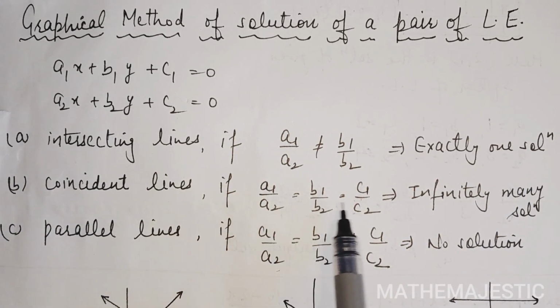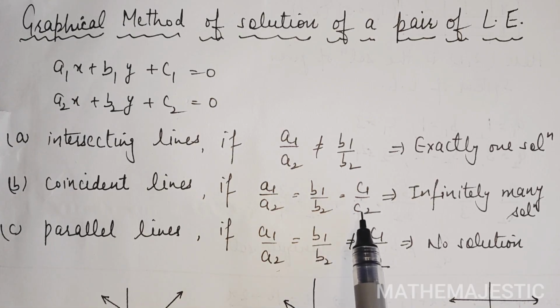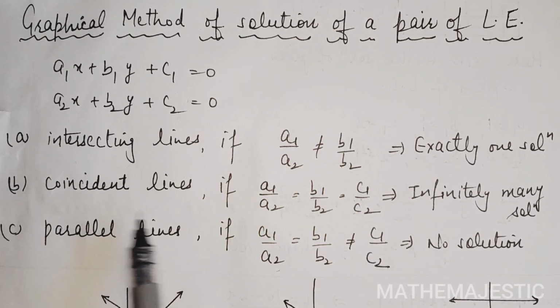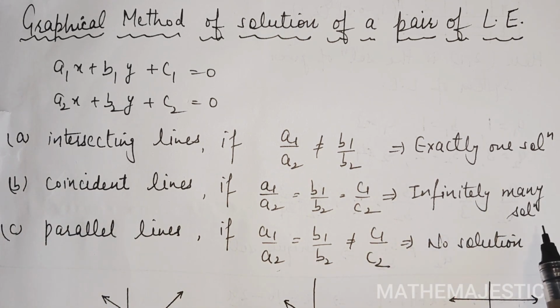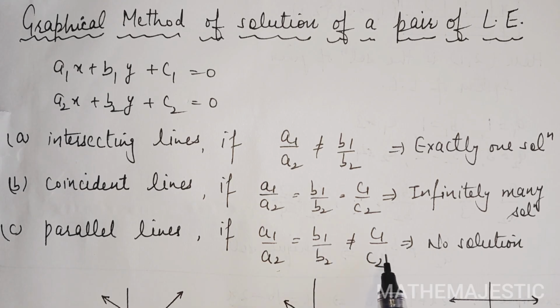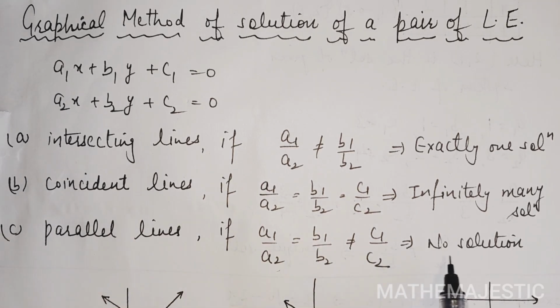And if all the ratios are equal, a1 by a2, b1 by b2, c1 by c2, then the lines will be coincident lines and they will have infinitely many solutions. And if the first two ratios are equal but the third ratio is not equal to them, then we will have parallel lines and they will have no solution. They will not intersect because parallel lines never intersect each other. So we will not get a common solution.